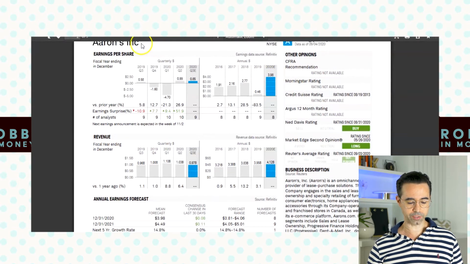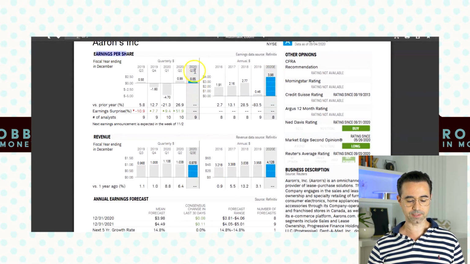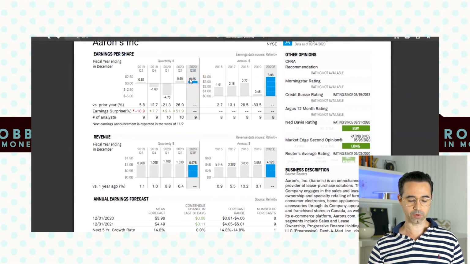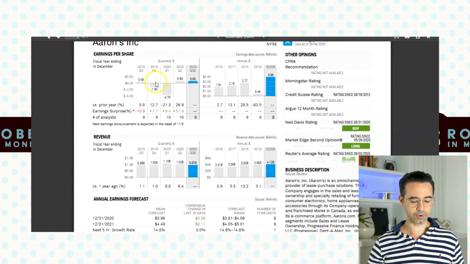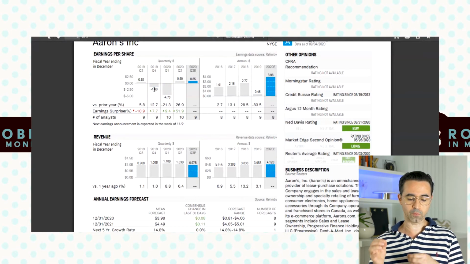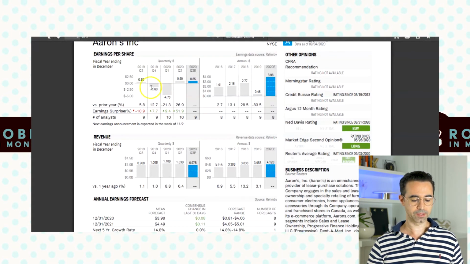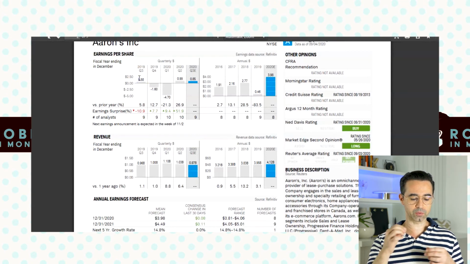So I would go here to earnings per share, and I would see this is an estimated third quarter 2020. So how are the earnings there? A little bit down. Could be a seasonal thing, but they're better than first quarter of 2020. They're actually better than the Q4 of 2019. They're even better than Q3 of 2019.